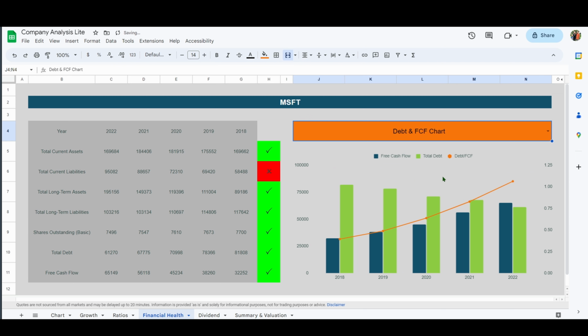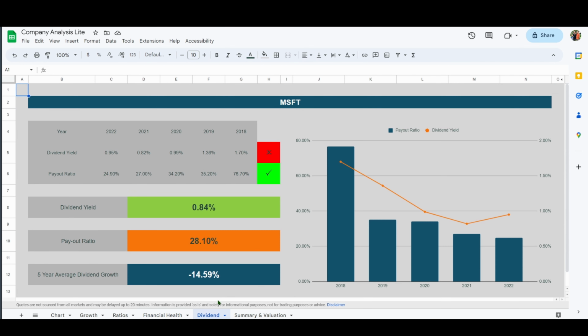And the last one shows you the debt to free cash flow amount. The dark blue is the free cash flow, and the light green is the total debt. The line here just shows the ratio between the two. So you can see that the debt to free cash flow is shown right here.